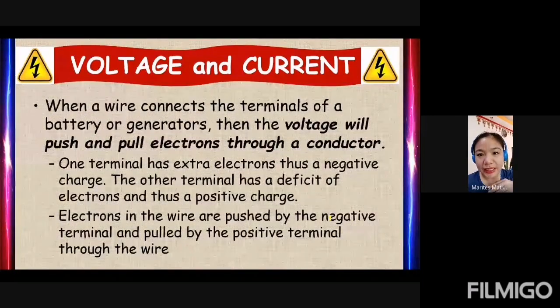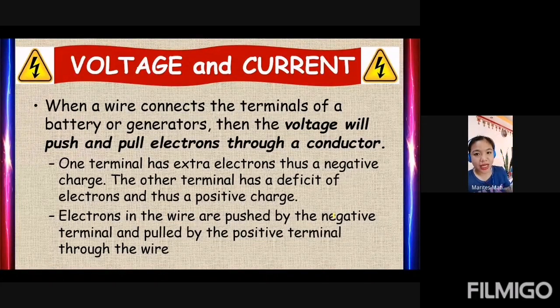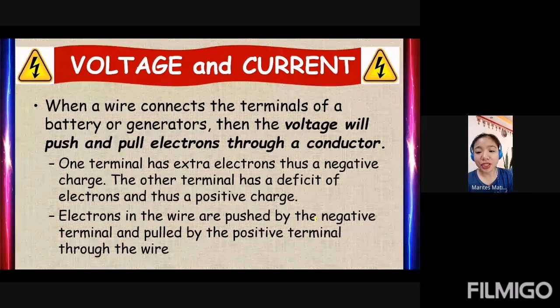So one terminal has extra electrons, thus a negative charge. The other terminal has a deficit of electrons and thus a positive charge. So pag mas madami yung electrons niya, negative charge siya. Pag kokonti yung kanyang electron, mas madami yung positive, so positive charge siya. Okay, electrons in the wire are pushed by the negative terminal and pulled by the positive terminal through the wire.